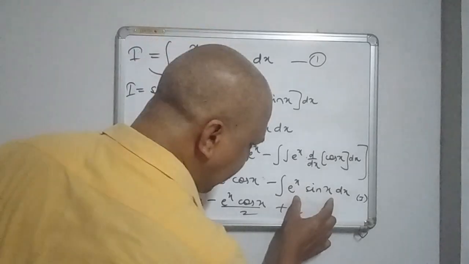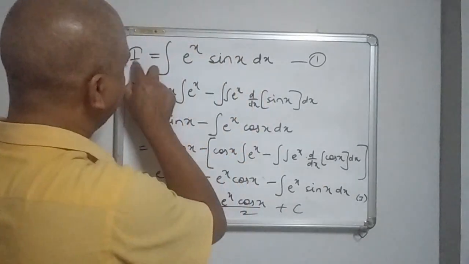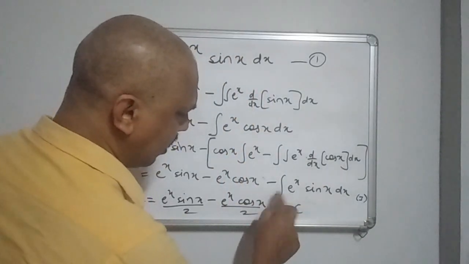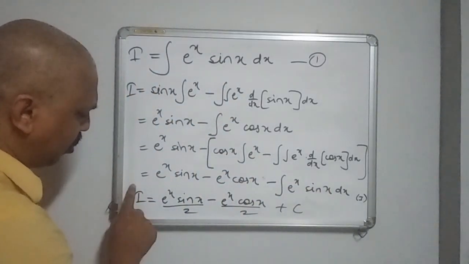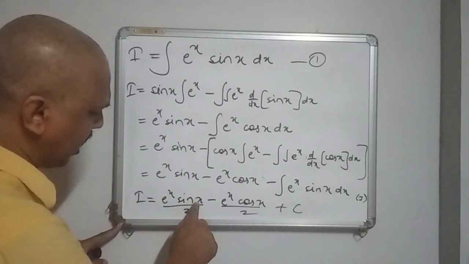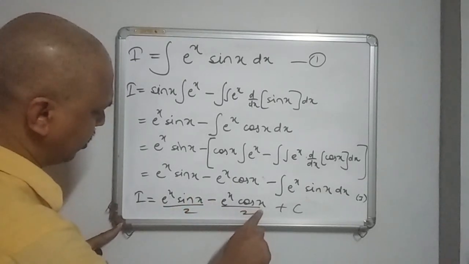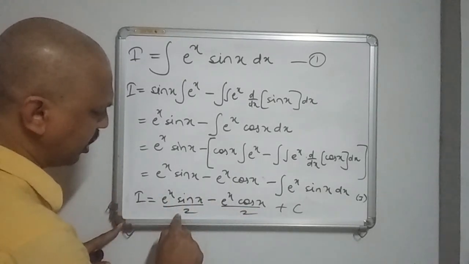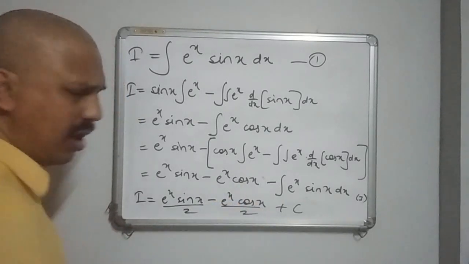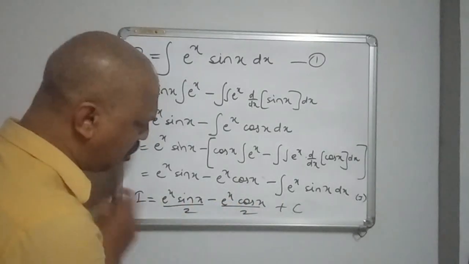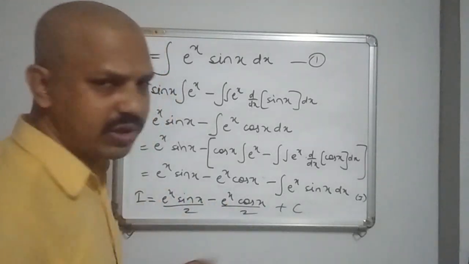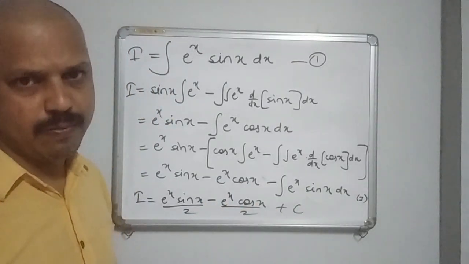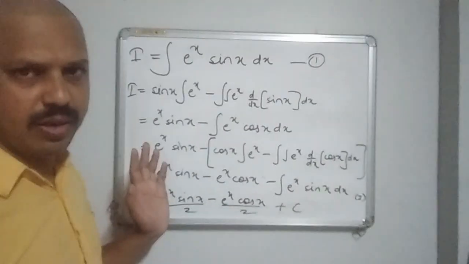But integration of e raised to x into sin x dx is I, so this is minus I. This minus I will come here and it will be I plus I is 2I, so 2I is equal to e raised to x sin x minus e raised to x cos x. So I is equal to e raised to x sin x by 2 minus e raised to x cos x by 2. If you want, you can take e raised to x upon 2 common. So e raised to x the whole upon 2 in bracket sin x minus cos x plus c. I hope this is okay.